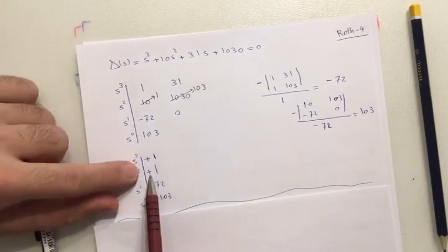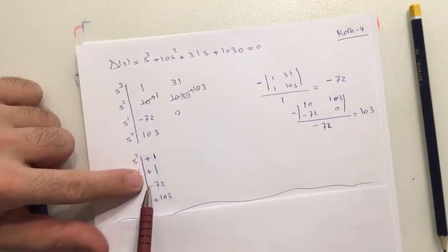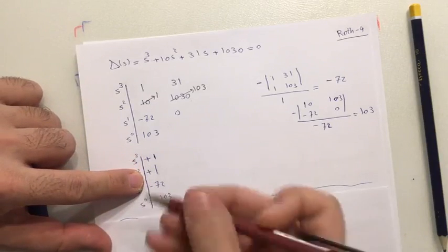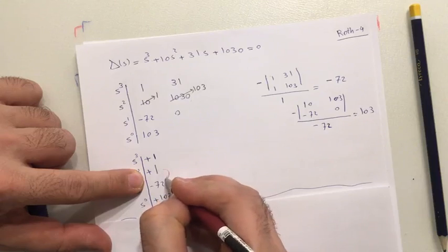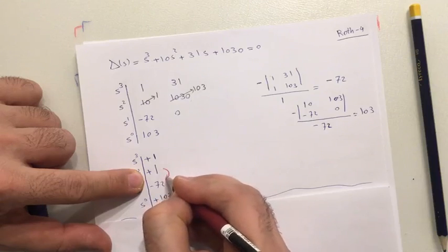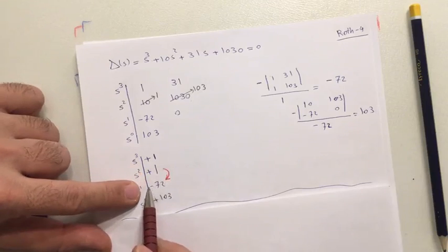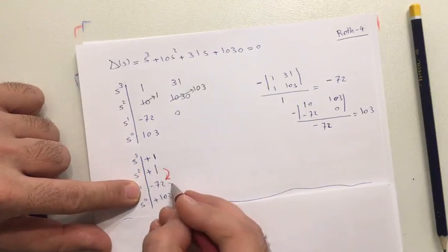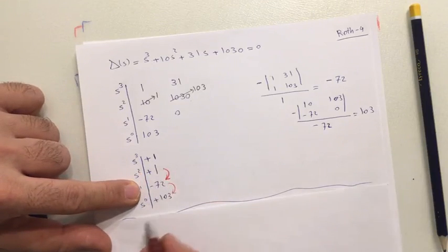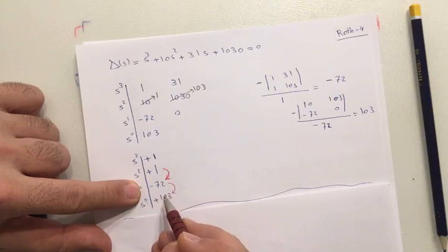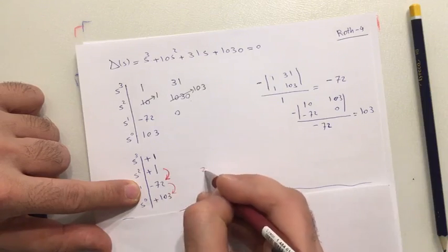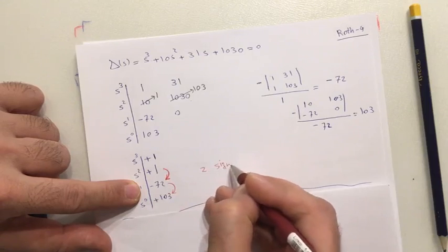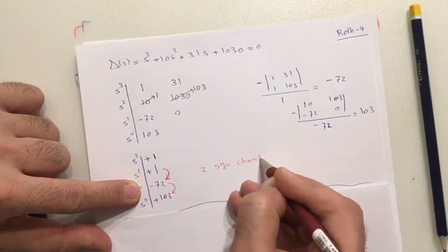From plus to plus we don't have any sign change, but from plus to minus there's one sign change. And from minus to plus there's another sign change. So we have two sign changes.